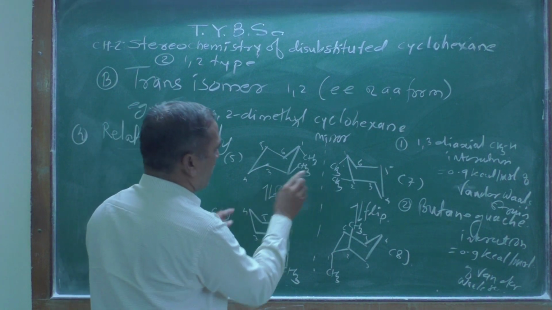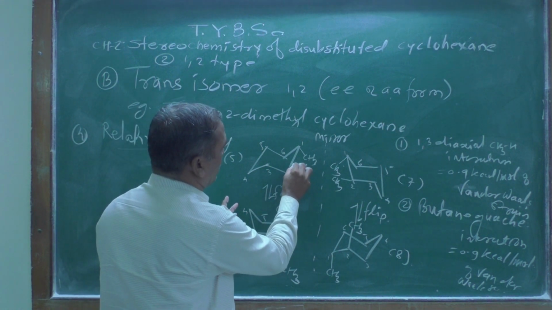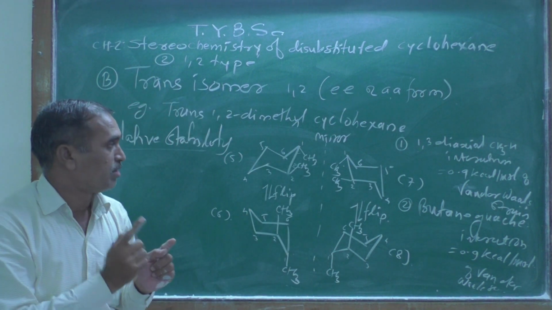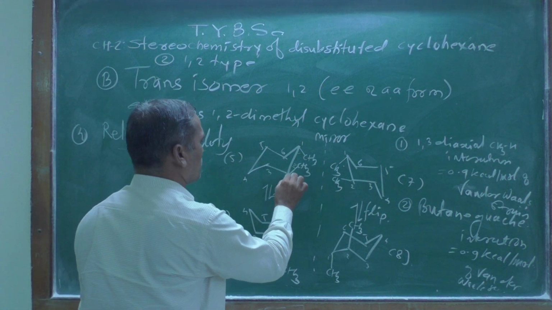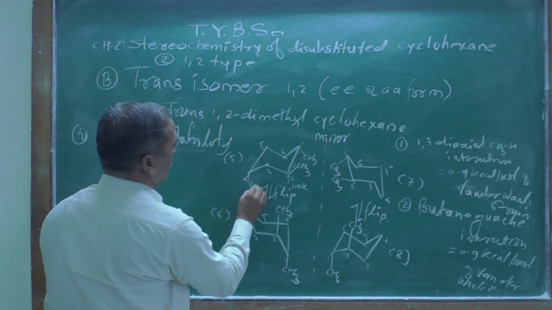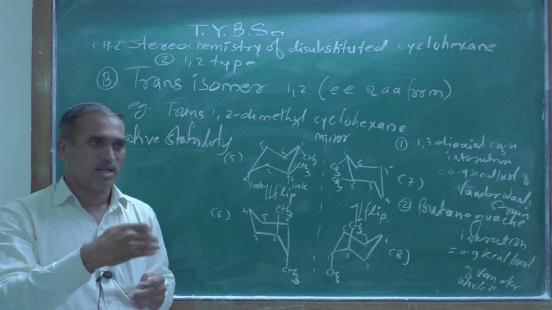So simply remember, if this group is present at 60 degrees, and here also at 60 degrees, it means butane-gauche interactions are there. Let us see here, suppose we look here. In the Newman projection formula, there are certain rules.